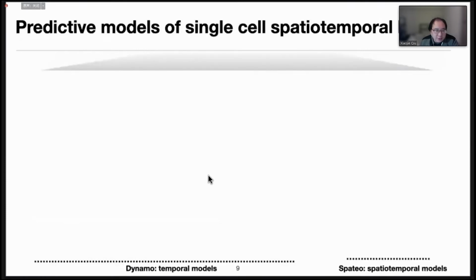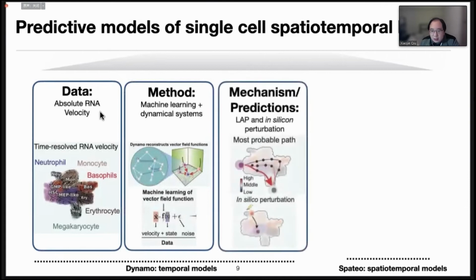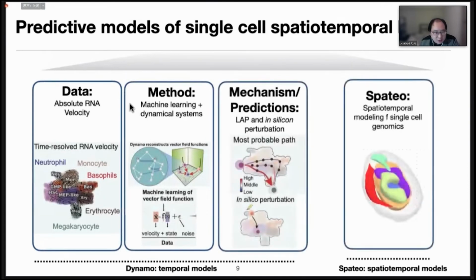So in the following, with the intention to answer the question of building predictive models of single-cell spatiotemporal kinetics, I'm going to first walk you through some data and experiments, and then tell you how we can actually learn the equation with our Dynamo framework, followed by some examples that I hope will be illustrative of how this method can give us very fundamental insights.